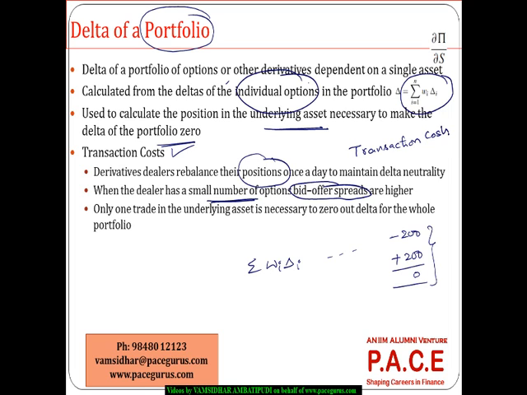There are economies of scale that we talk about. The higher the number of options, the lesser would be my transaction costs, and vice versa. So that is one point that needs to be considered, especially for a small company with fewer options. Probably the transaction cost would prevent them from doing dynamic delta hedging on a regular basis. One trade in the underlying asset is necessary to zero out the delta for the whole portfolio. That is one slight advantage when we talk about the delta of a portfolio.